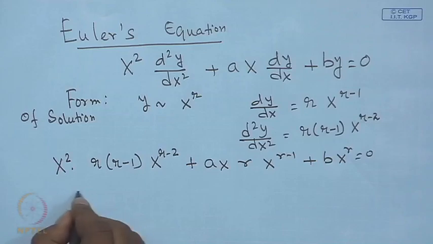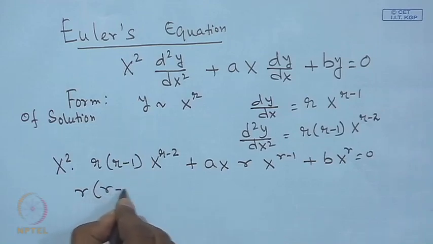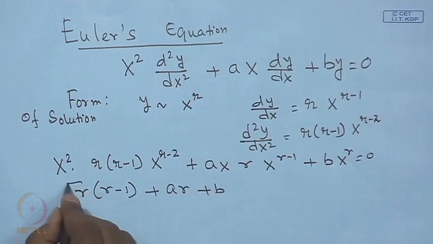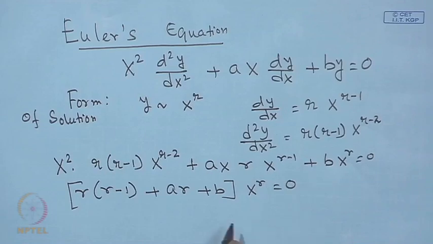So, everywhere the x containing term appears to be x to the power r. So, this becomes r into r minus 1 plus a r plus b multiplied by x to the power r is equal to 0.